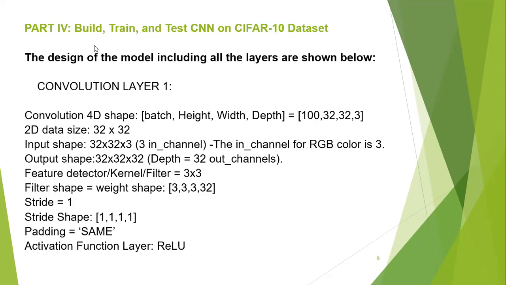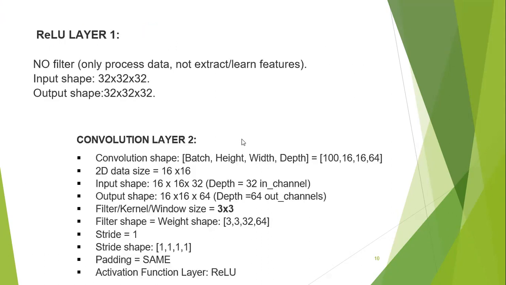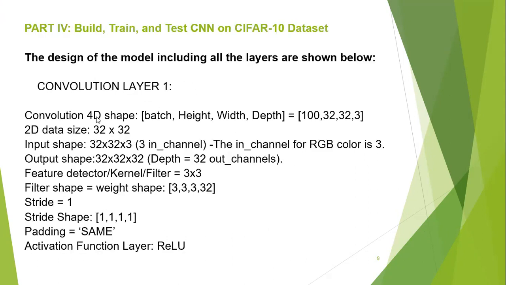And then here we are going to build, train, and test our convolutional neural network, our CNN, on this CIFAR 10 data set. The design of this model includes different layers: the convolutional layer, then the pooling layer, then the ReLU layer. Here the 4D shape of the image is 100 by 32 by 32 by 3.